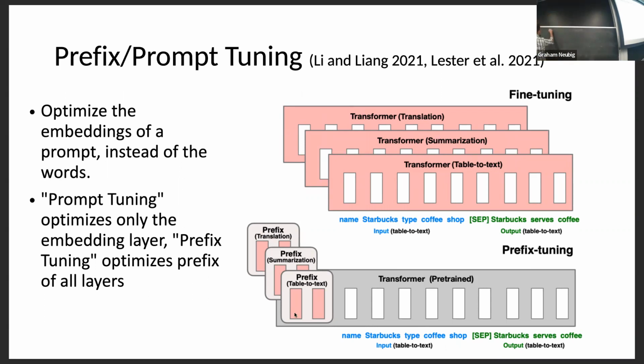You can just make them be a special token like trigger 1, trigger 2, trigger 3. And you directly optimize these parameters here. And so now it's not even human readable anymore, it's just parameters of the model, but you get better results.